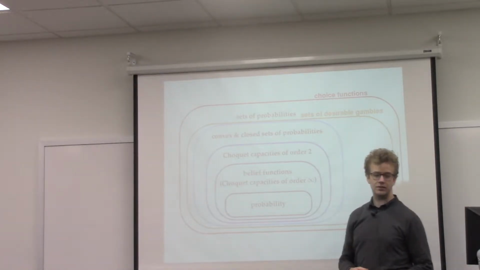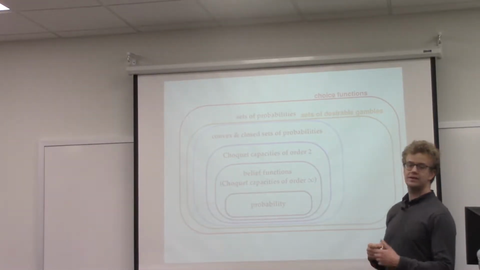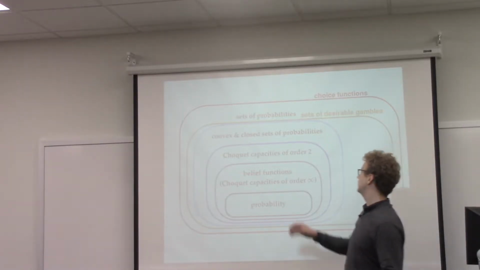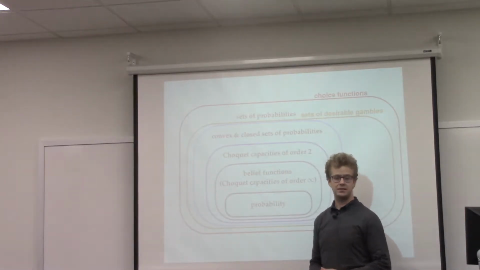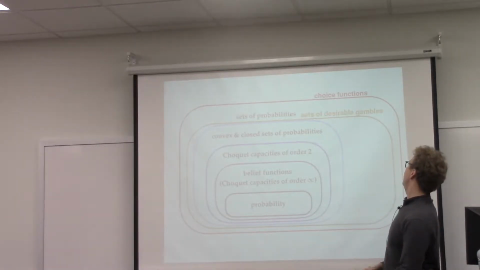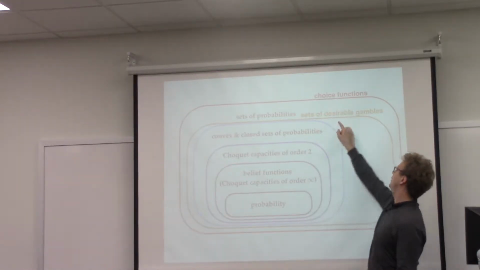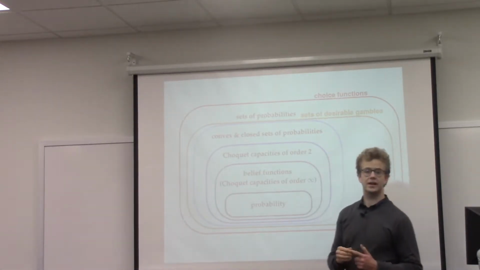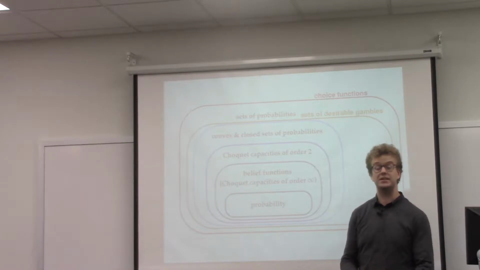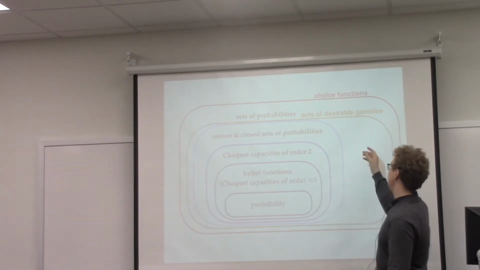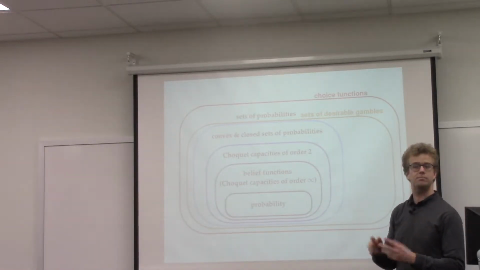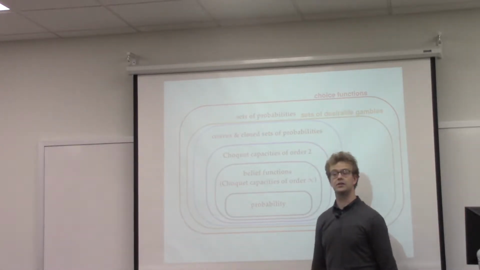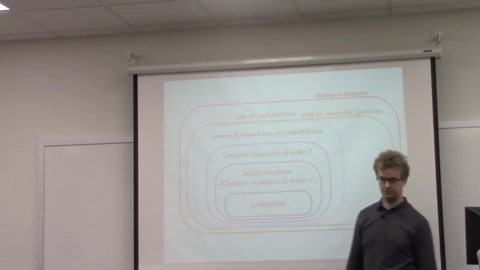Sets of desirable gambles: you can think of it as the not necessarily Archimedean counterpart of convex and closed sets of probabilities, in the sense that every set of desirable gambles has a corresponding convex and closed set of probabilities. But this is a many-to-one relation. You may have many different sets of desirable gambles that have the same corresponding convex and closed set of probabilities.